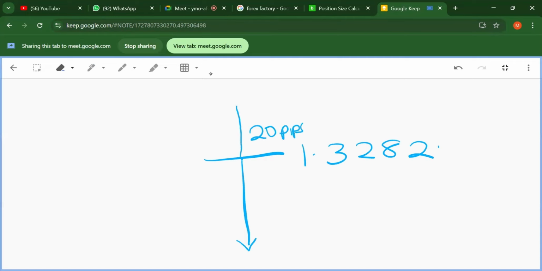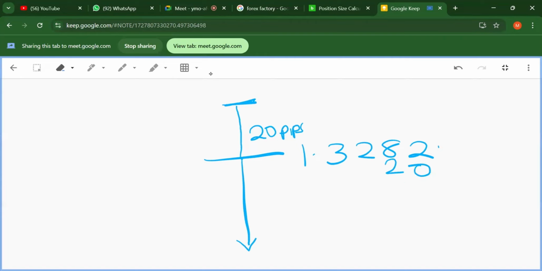So the market is at 1.3282. If it's going to buy by 20 pips, because I want it to sell, or I'm anticipating a sell, so if it starts buying by 20 pips, I want to exit. So what do I do? Going up, you add. So if the market buys, I will add 20. Where do you add your 20? You see these digits, start from the right side.